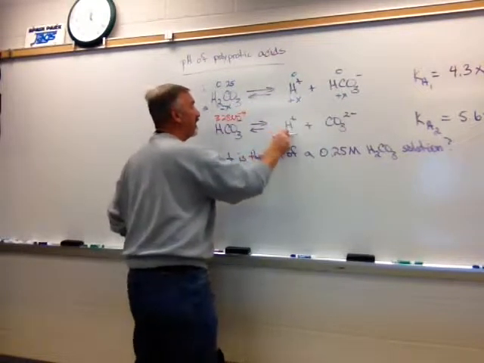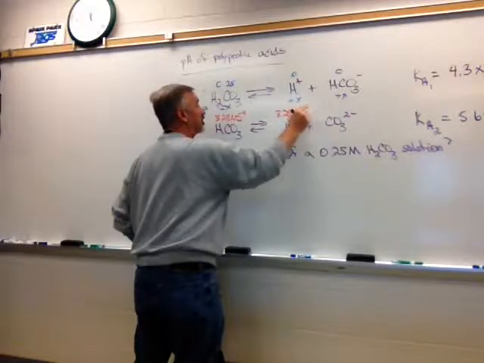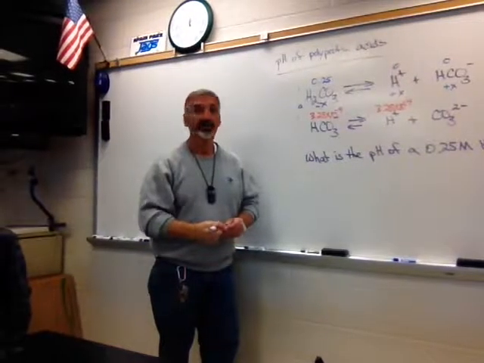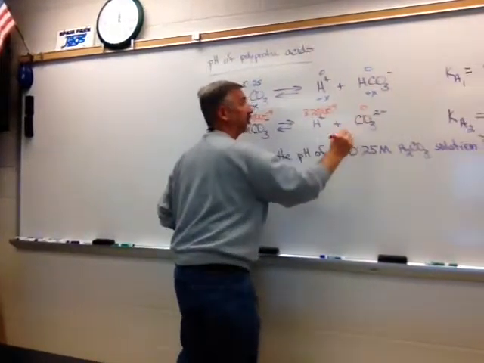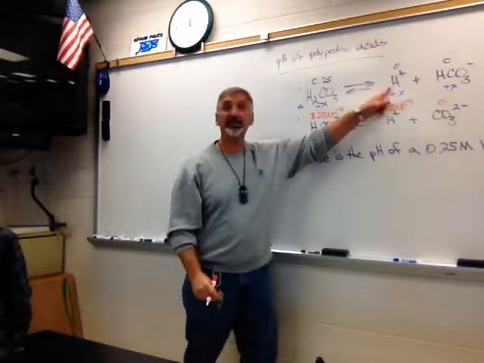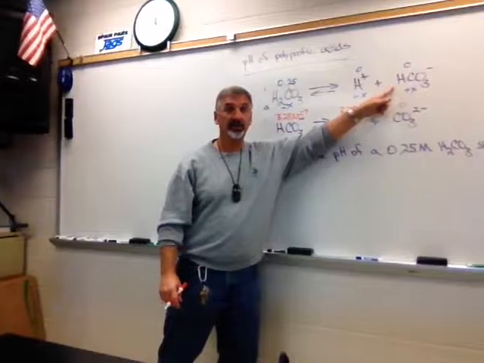My value of H plus is 3.28 times 10 to the minus 4th. That's my initial concentrations now. This is 0, because we already have some H plus that got produced here. We have some of this that came from here.